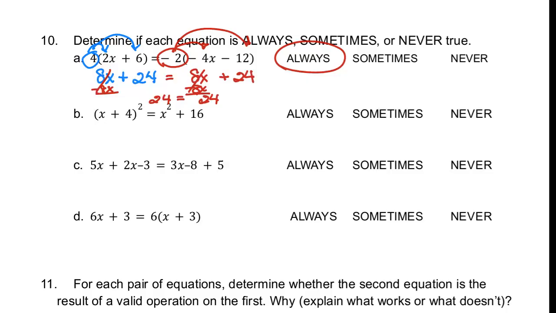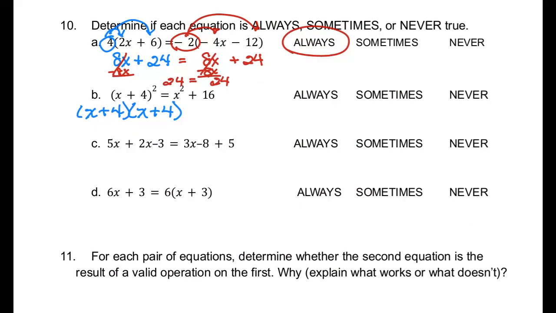All right, letter B says quantity x plus 4 quantity squared equals x squared plus 16. Now, what I would do here, gentlemen, is write this out as x plus 4 times x plus 4, because I think you will have a better outcome if you write it out like this.